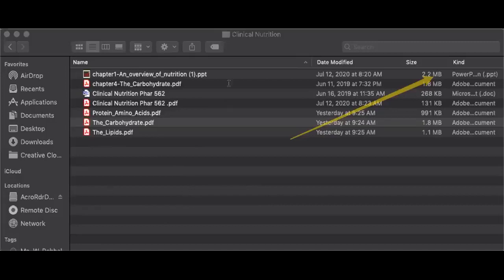Now, in terms of complex carbohydrates, we know that glycogen is stored in animal tissues. So we can store extra glucose in our body as glycogen, while starch is stored in plants, and we have fibers, the part of the polysaccharide that we cannot digest.